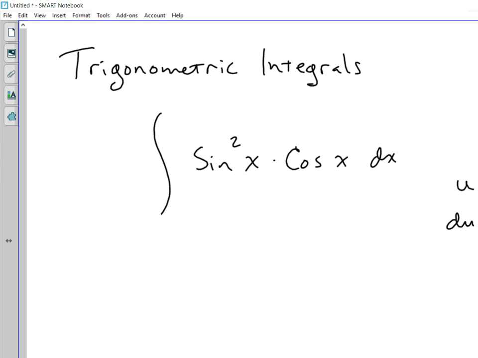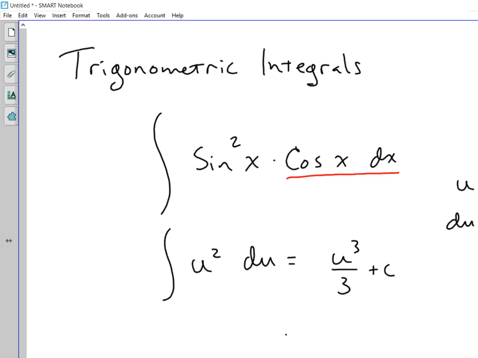We've come up with u squared and, remember, your du is all of that. So this becomes my du. And now I've got a straightforward integral. Now it's just u cubed over 3 plus c, and we resubstitute the u back out, and we wind up with sine cubed x over 3 plus c. And we're done. That's usually not too bad.